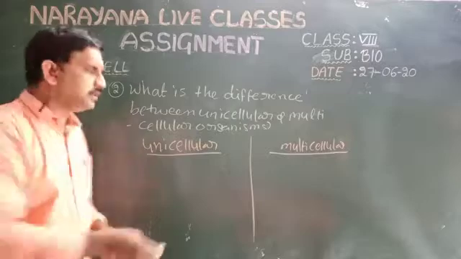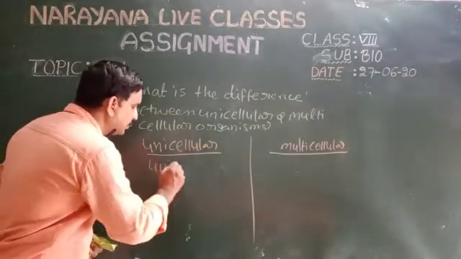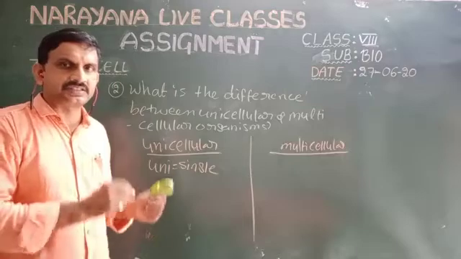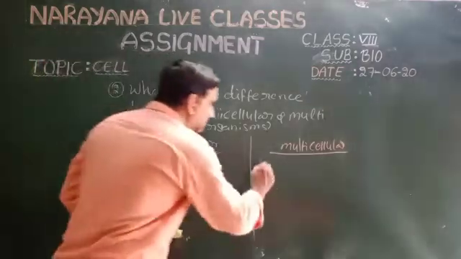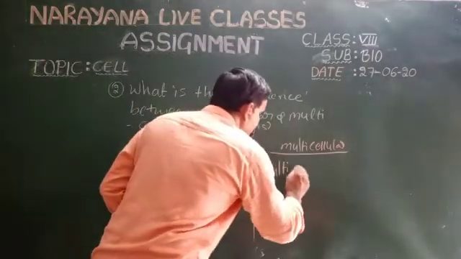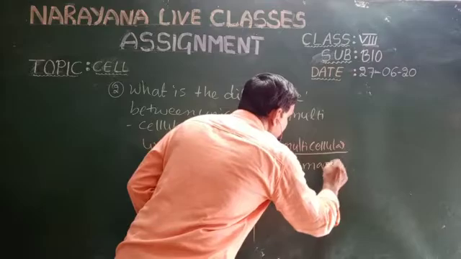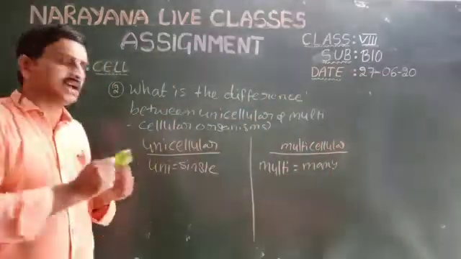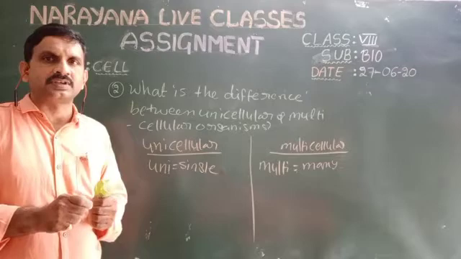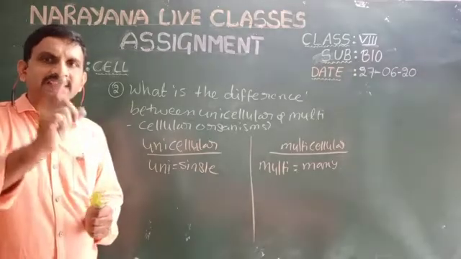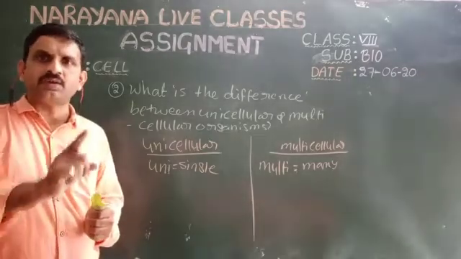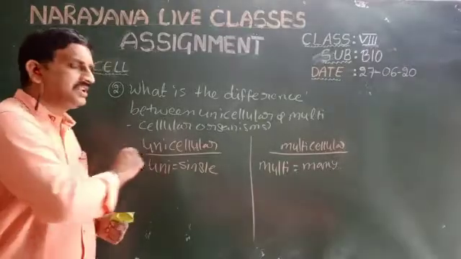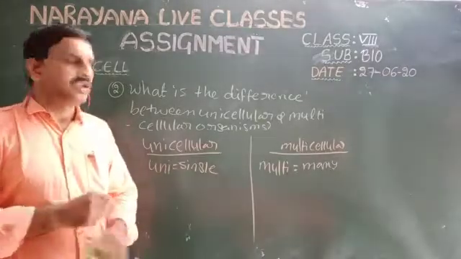The name says uni, uni means single. Multi means many. So unicellular organisms are organisms which contain a single cell, one type of cell only. Such organisms are called unicellular organisms.